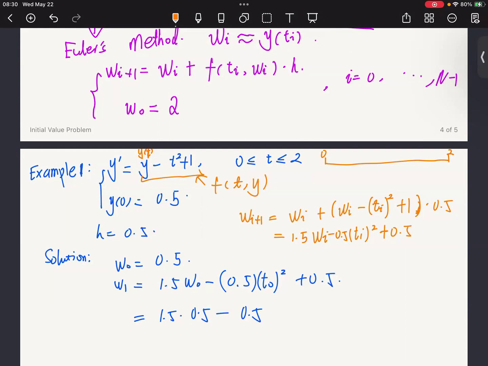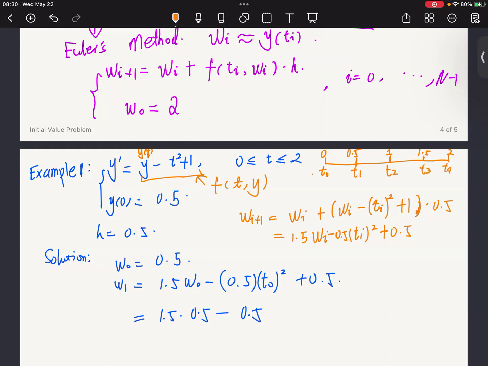This is the nodal points, 0.5, and then 1.5. Our t sequence begins with t0 equals 0, and then this is t1, t2, t3, t4.